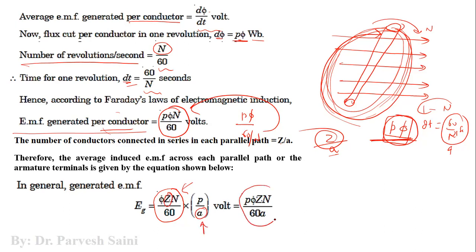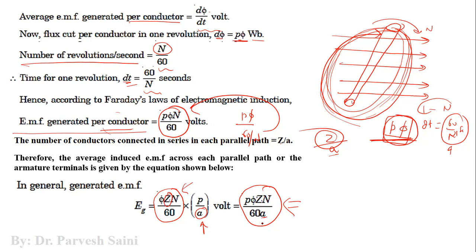This is the general equation of the induced or generated EMF in a DC generator. It is P phi Z n by 60A, where P is the number of poles, phi is the flux per pole, Z is the number of conductors, n is rotations per minute, and A is the number of parallel paths.